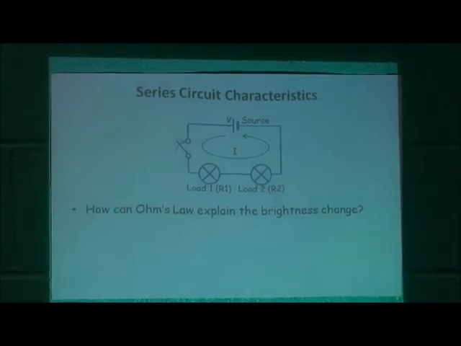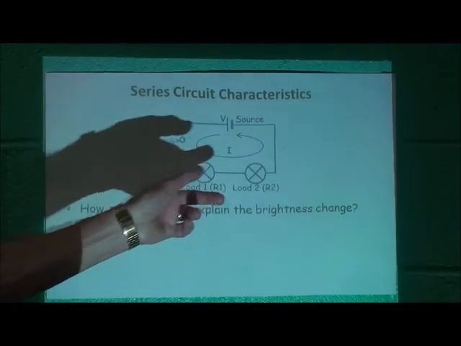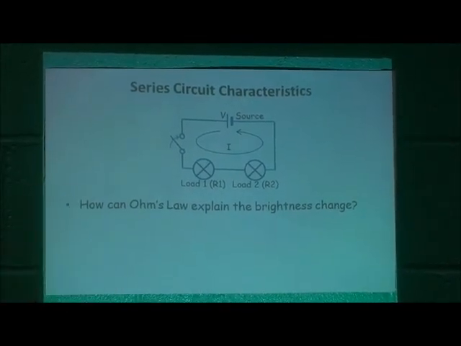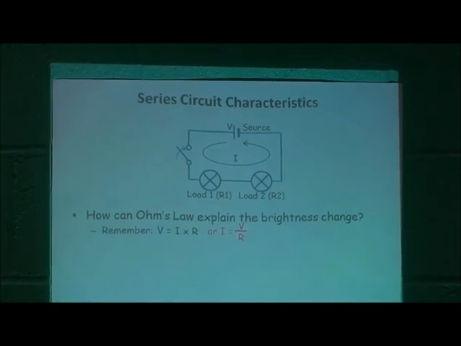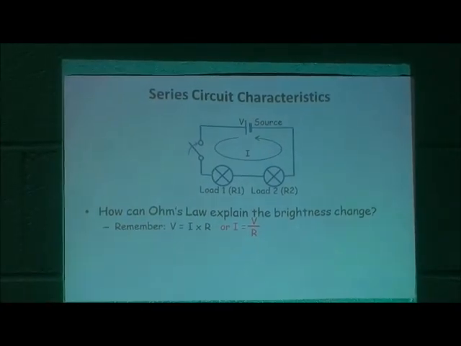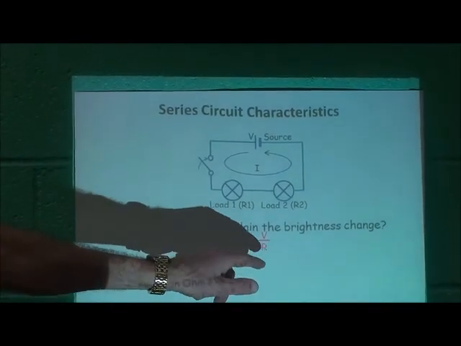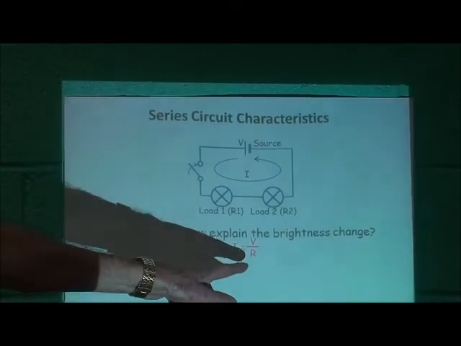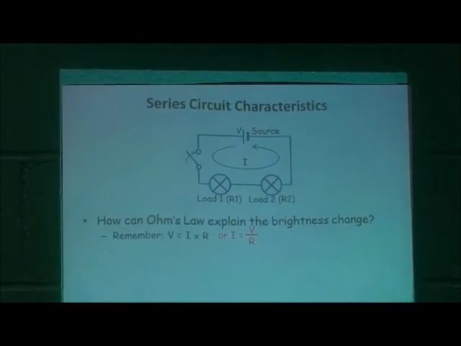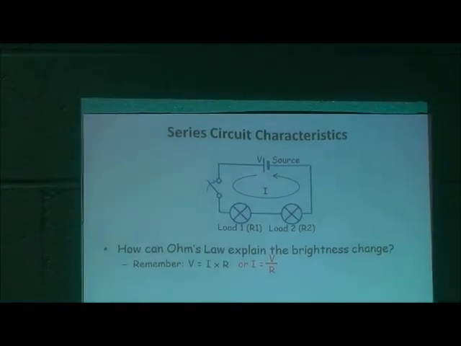The first thing they have to know is that when you put two loads in series, the resistances add. Now, remembering that the current is the voltage over the resistance, we want them to see that because we've increased the resistance, the current will be less. And if the current is less, the bulbs will not shine as brightly.